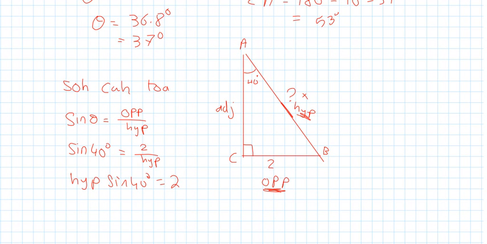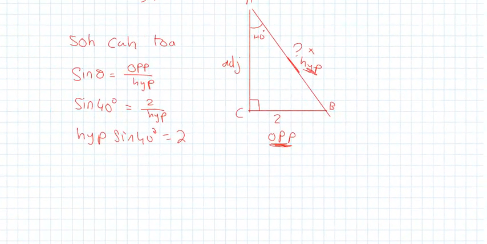What's happening between the hypotenuse and the sine 40? What kind of operation do I have here? I multiplied, right? If I want to bring the sine 40 over, what does it become? Instead of multiplication, division. So the hypotenuse is 2 over sine 40. So when you're looking for the denominator, all you have to do is switch spots. The sine 40 will come down, and the hypotenuse goes up. So what's 2 divided by sine 40?